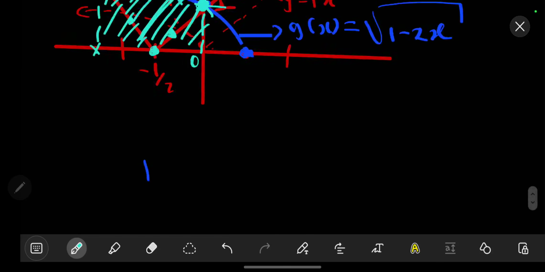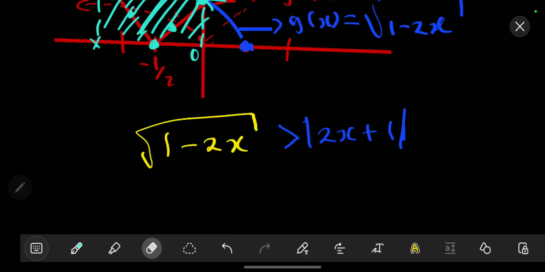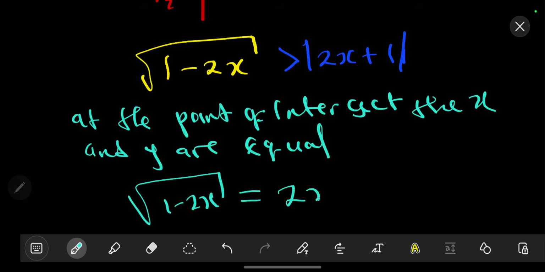At the point where the two equations meet, they are equal. So at the point of intersection, their x and y values are equal, so we can equate them. We are just going to say the square root of 1 minus 2x should be equal to 2x plus 1.